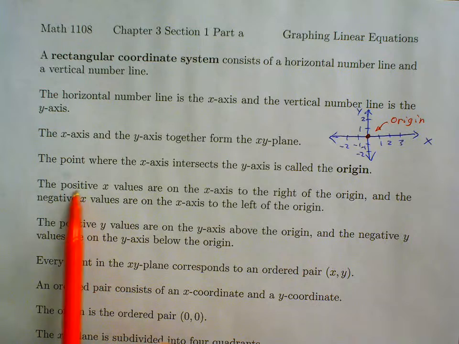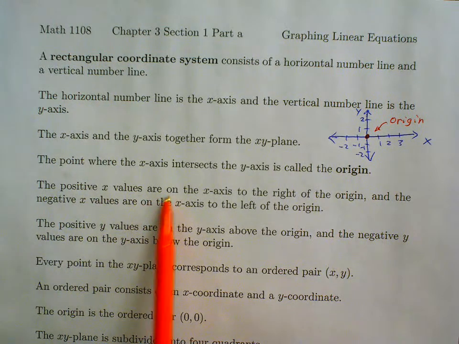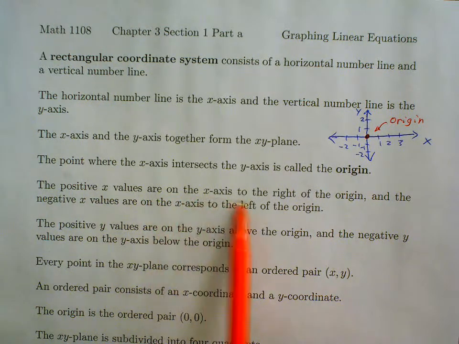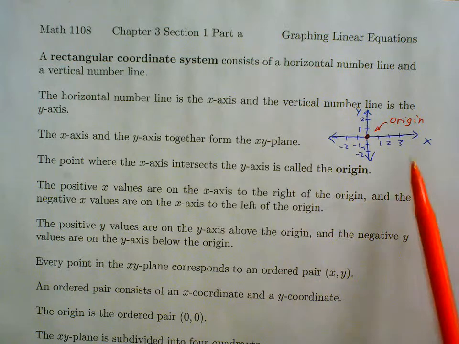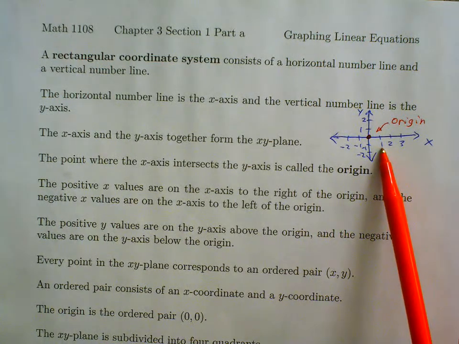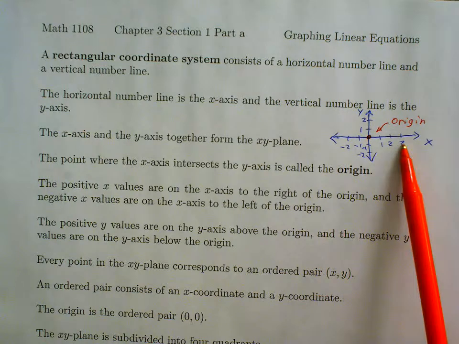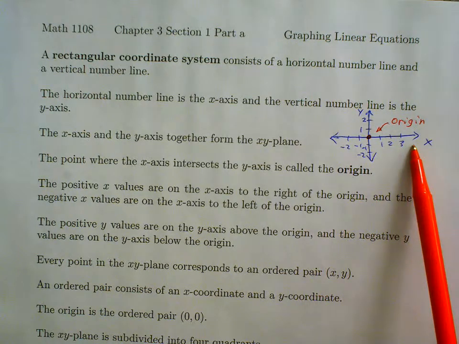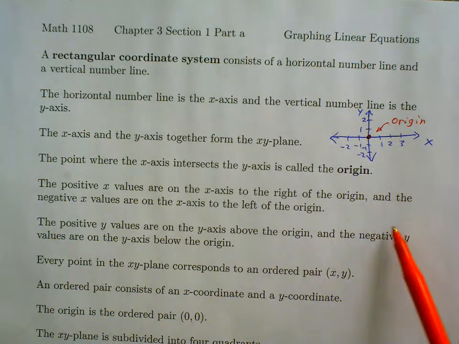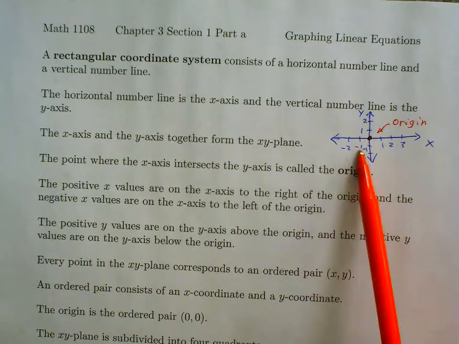The positive x values are on the x-axis to the right of the origin. So I've illustrated that here in this little picture. The positive numbers are to the right of the origin on the x-axis. And the negative x values on the x-axis are to the left. And I labeled those also -1, -2, and so on.